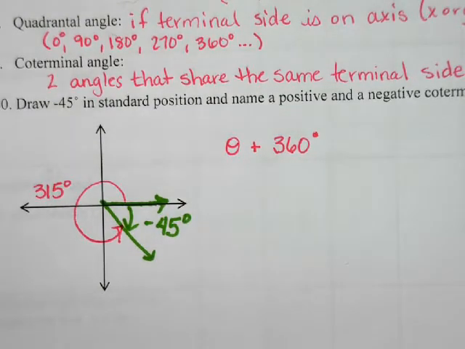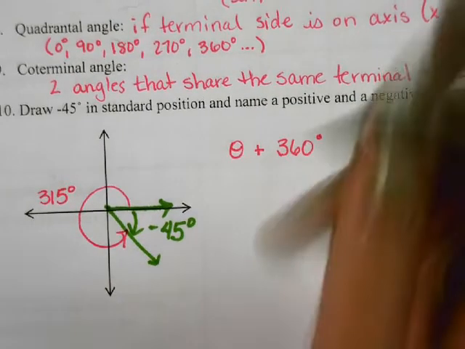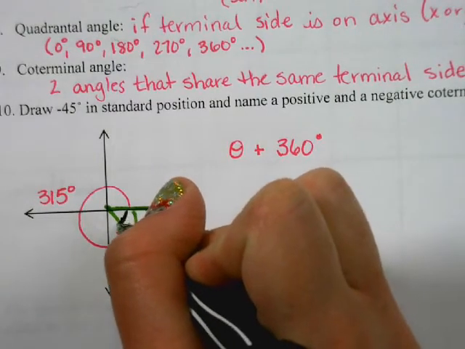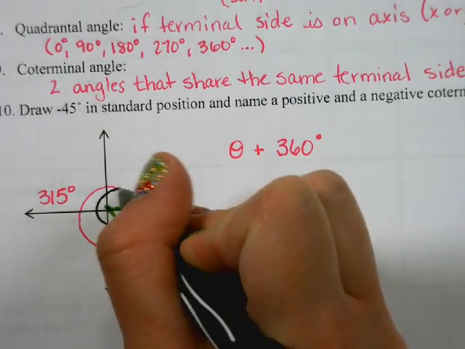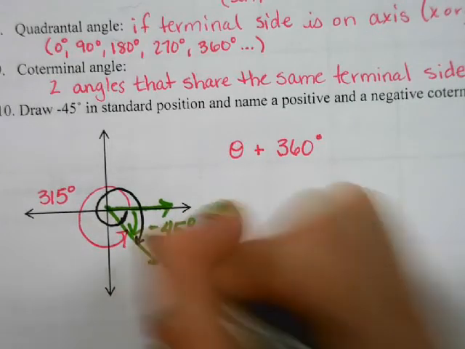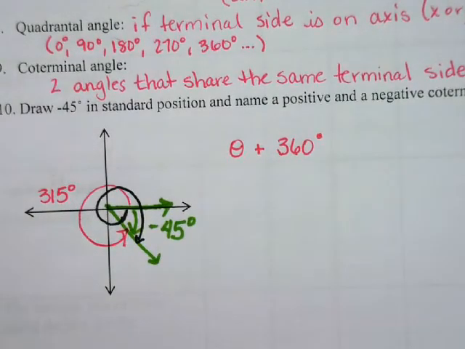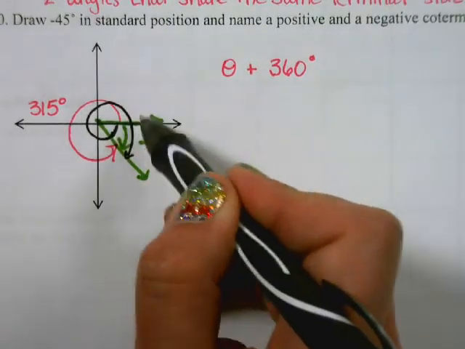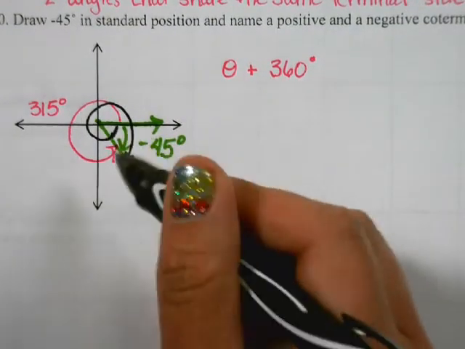How do I get another negative coterminal one though? Okay, well if I'm going to go negative, I've got to start here. But what if I don't stop there? What if I go around like this? I'm going to subtract another 360, right?